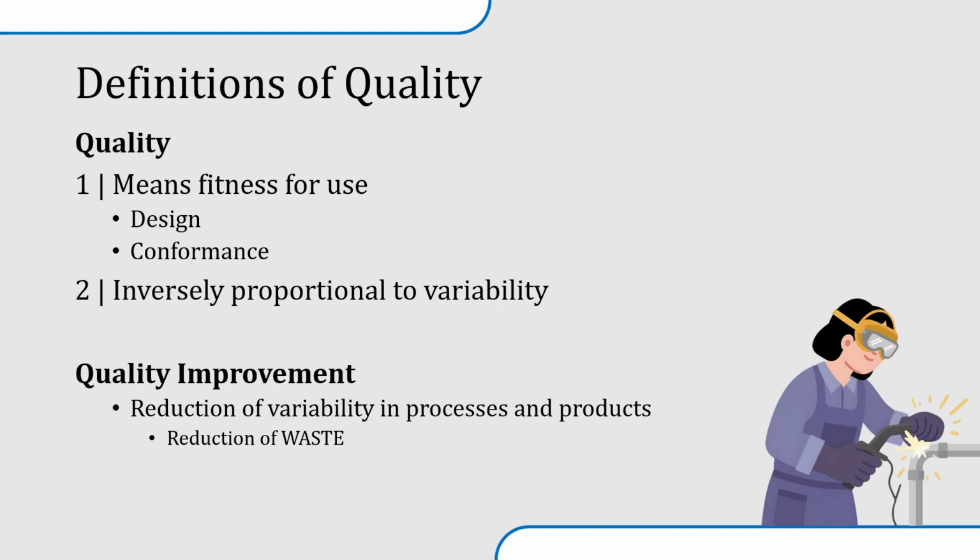So if you have minimal variability or variance, you're considering your quality to be very good compared to the inverse of that. Next, we also have quality improvement, which is the reduction of variability in process and products, as well as the reduction of waste.